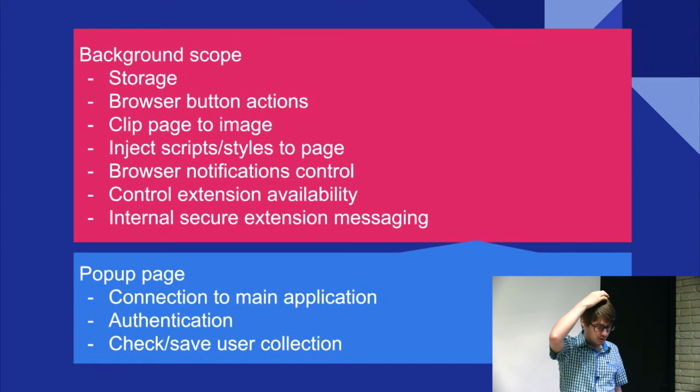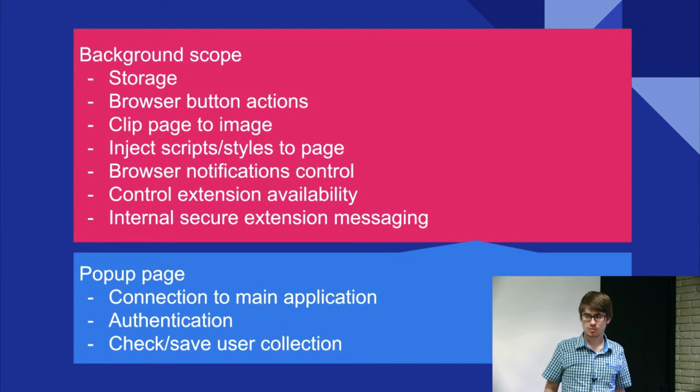And browser notifications: if you want to make browser notifications from your main application, the browser has to allow them for it. But if you install a browser extension, it will send you notifications because you already allowed it when you installed it.